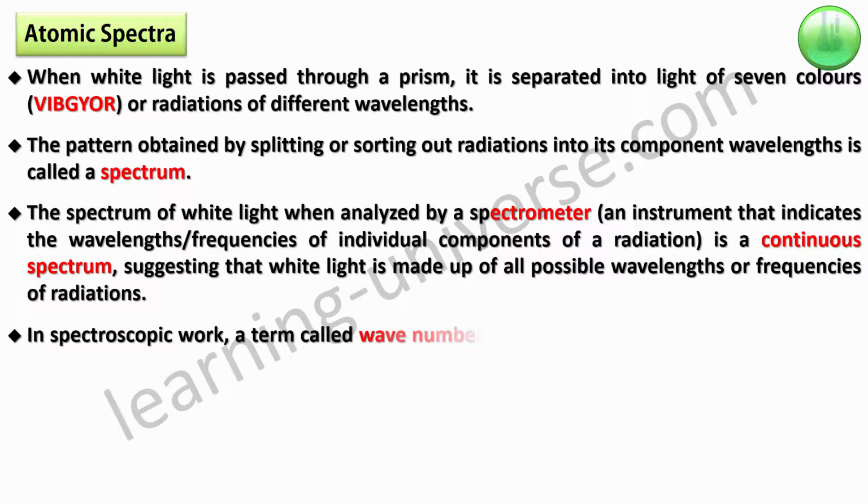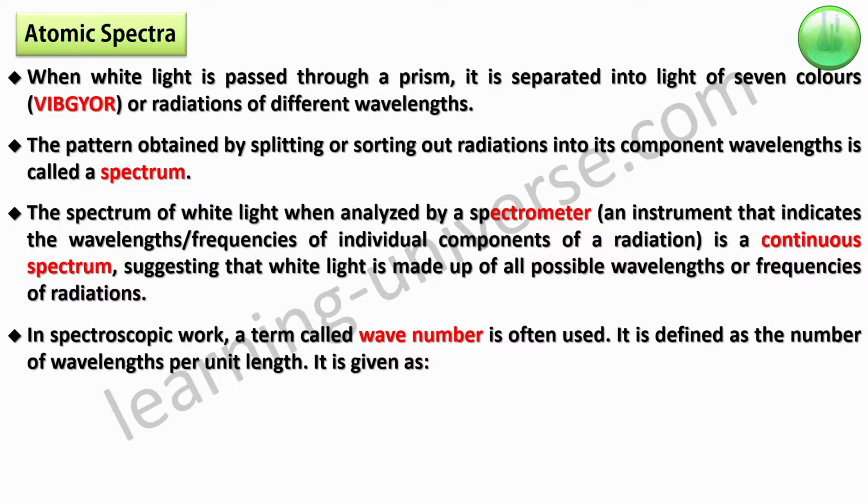In spectroscopic work, a term called wave number is often used. It is defined as the number of waves contained per unit length. Wave number is nothing but the number of waves contained in a particular unit length, just like frequency is the number of waves contained in a particular interval of time, that is 1 second. Similarly, wave number is the number of waves contained per unit length, which could be centimeter, millimeter, meter, or whatever.